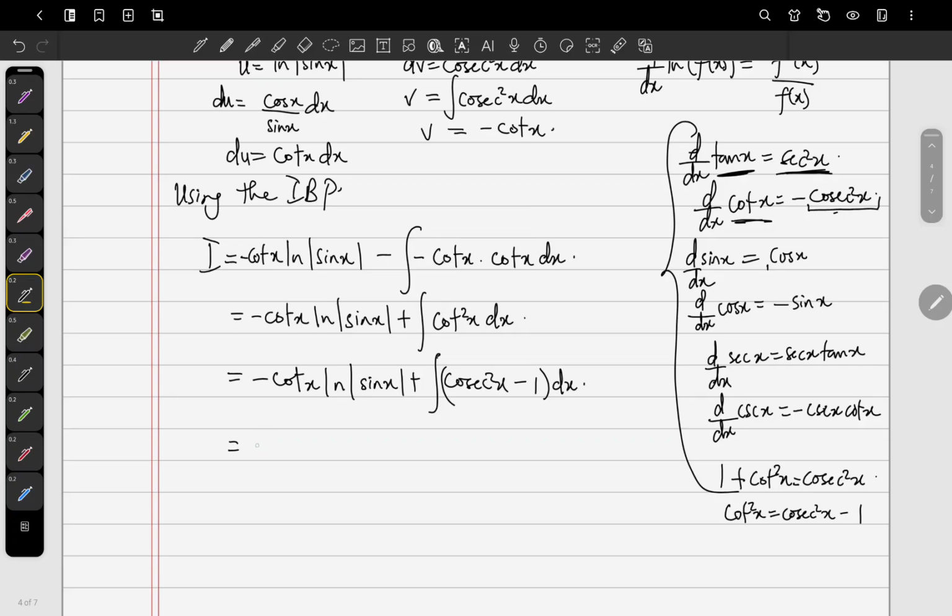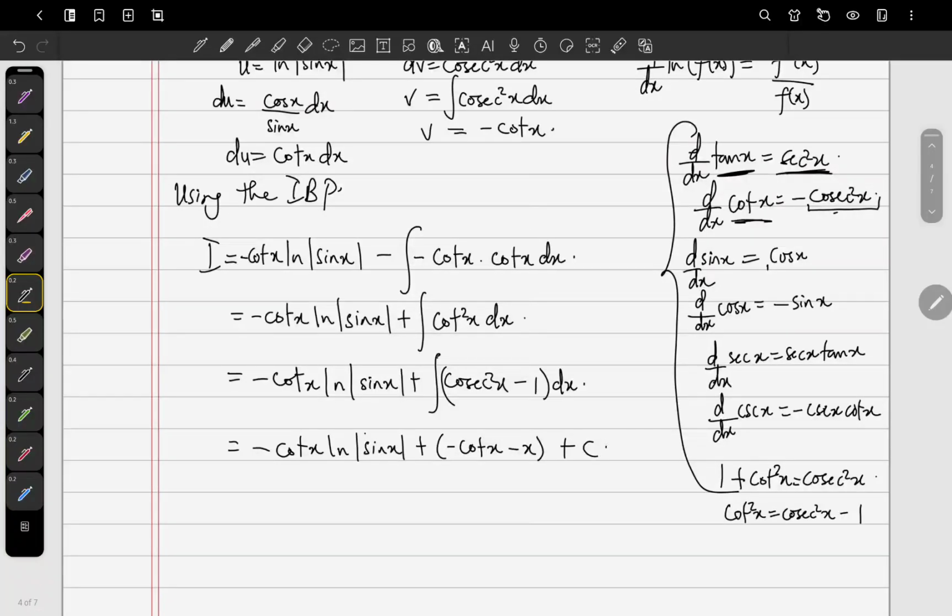So this is going to be negative cot x natural log of sine x plus, the integral of cosec squared x is negative cot x, and the integral of minus 1 is negative x plus c.